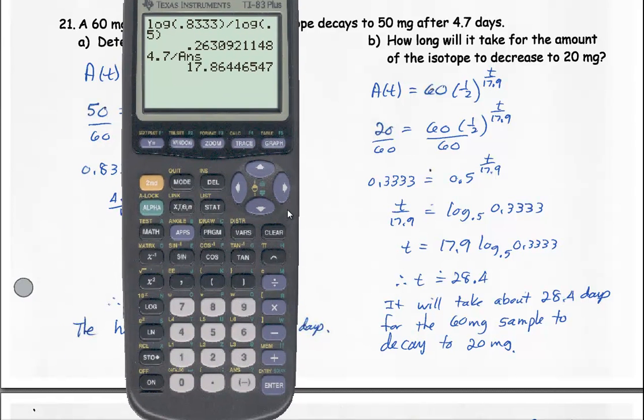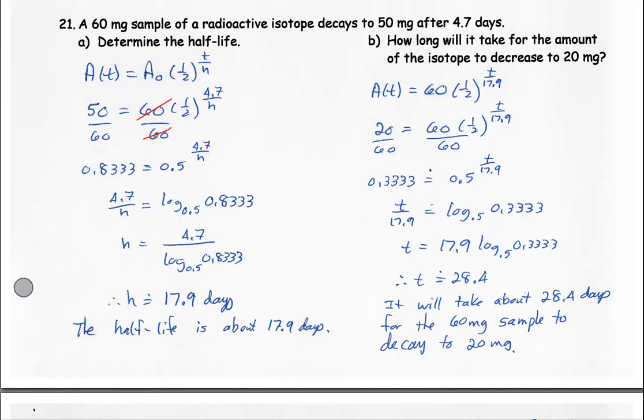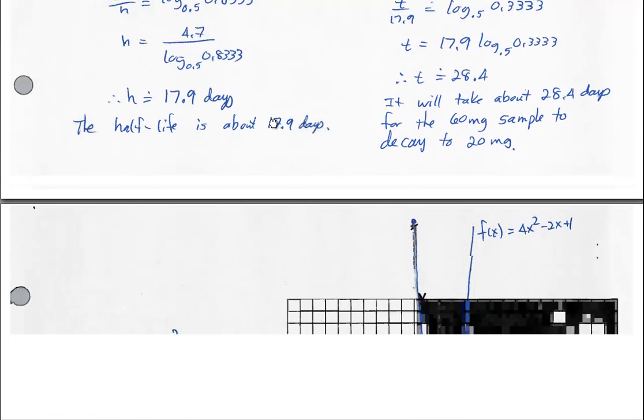And so we would have 17.9 times the log of 0.3 repeating divided by the log of 0.5, and that's where my 28.4 days comes from. So it takes about 28.4 days for the 60 milligram sample to decay to 20 milligrams.